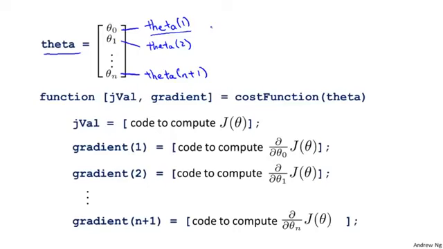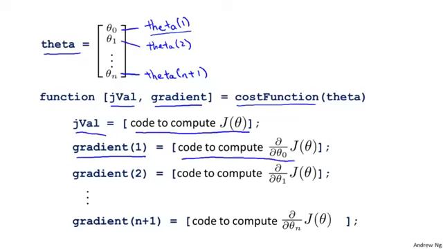So what we need to do then is write a cost function that captures the cost function for logistic regression. Concretely, the cost function needs to return jVal, so you need some code to compute J of theta. And we also need to give it the gradient. So gradient 1 is going to be some code to compute the partial derivative with respect to theta 0, the next the partial derivative with respect to theta 1, and so on.